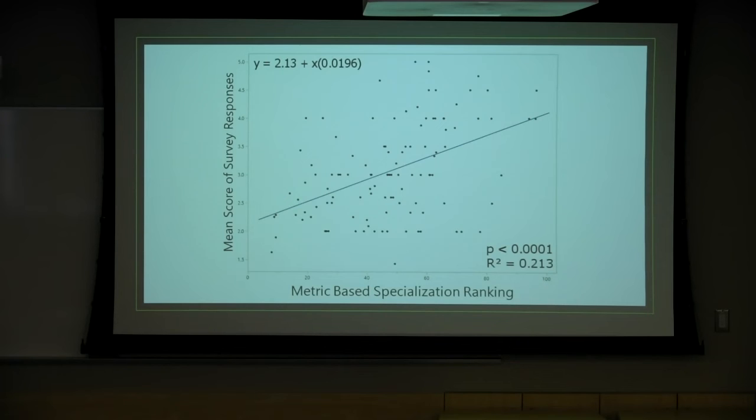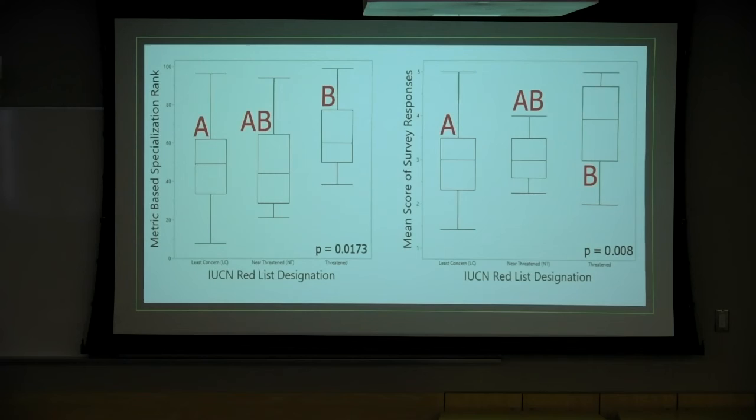So again, there might be some bias there where scientists have some preconceived notion about species, and that's bleeding into their designations. What you're seeing here are both the survey results and the metric-based rankings compared to a species threat level. And what you'll find is the same pattern in both.